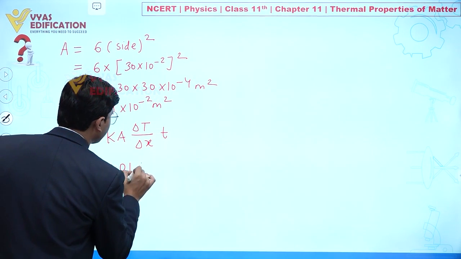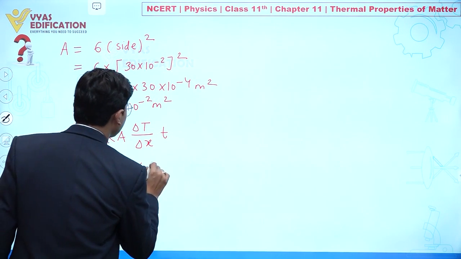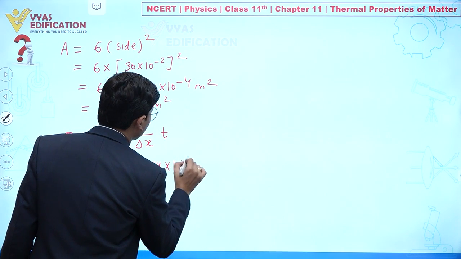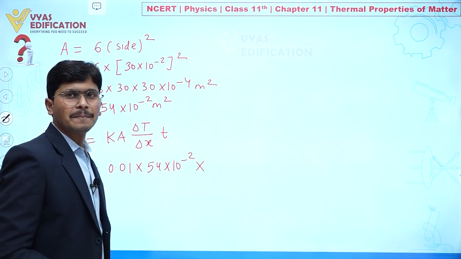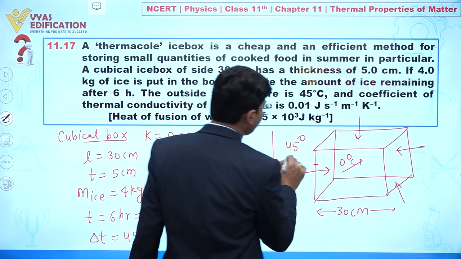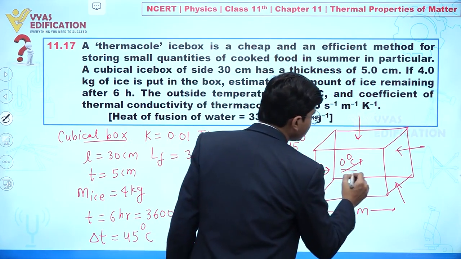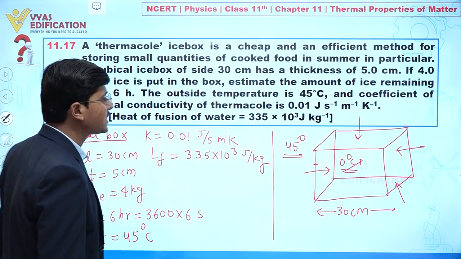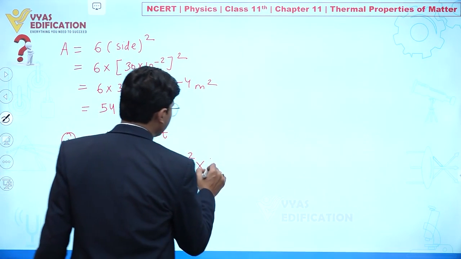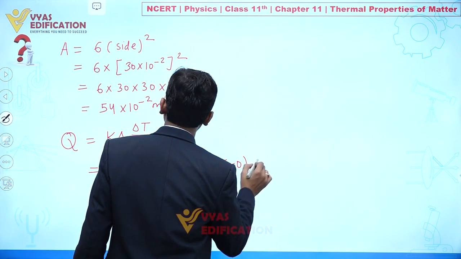So 0.01. What about area? Total surface area 54 into 10 to the power minus 2. And what about temperature difference? Here we have 45 degree outside temperature, inside temperature we have 0 degree Celsius. So this is 45 minus 0, multiplied.